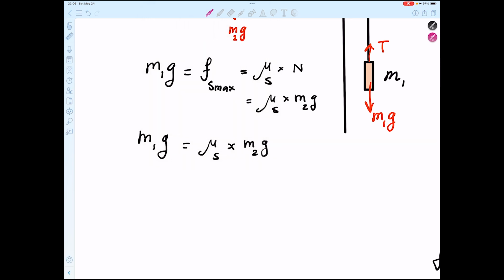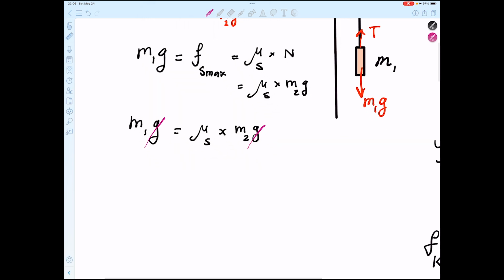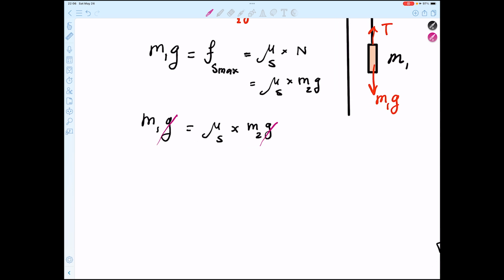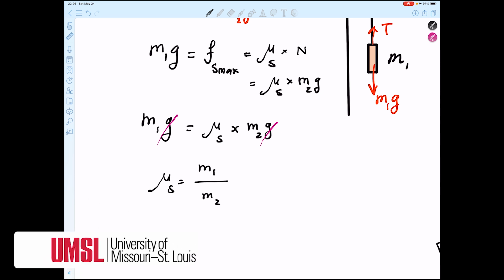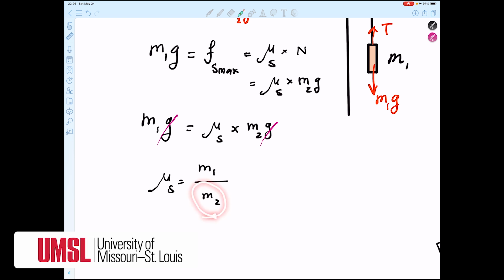This g can be canceled with that g. And if I solve this equation for mu s, what I will get is mu s equals M1 divided by M2. So that's the mass of the block here in the denominator.